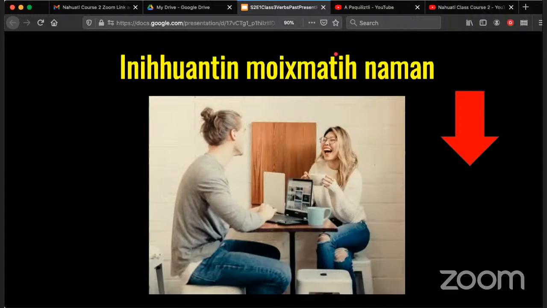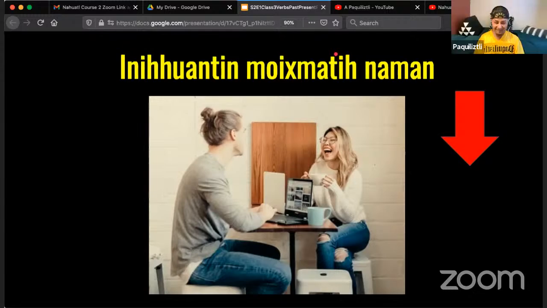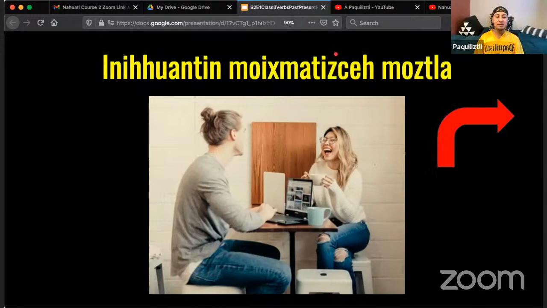Mostla inihuantin moishmatise. Kuali. So you could put mostla at the beginning. So inihuantin moishmatise mostla. I hope that the meaning of moishmati is clear, but if it's not clear, you can ask me later what it means.